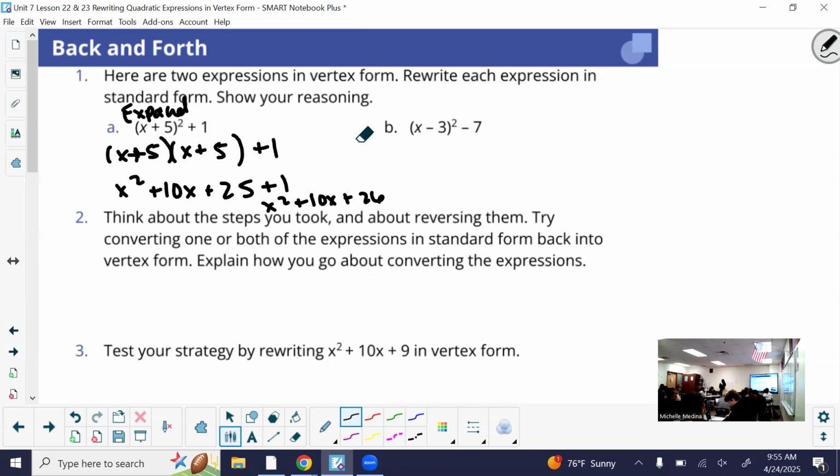Moving on, we're gonna go to the part that says identifying key features of graphs without graphs. So again, without graphs. If you have your phone open, don't have it on the screen.